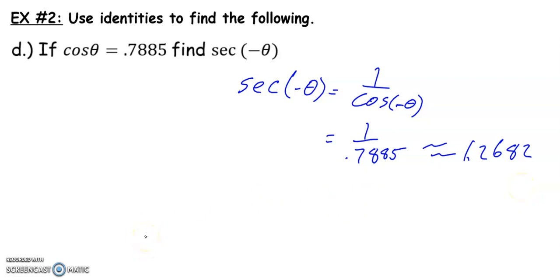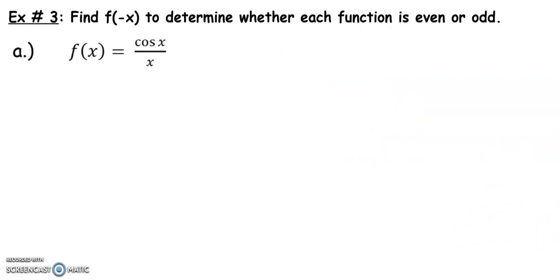All right, that's example 2, but I think we have enough time because I only get about 15 minutes on these videos. Let's try number 3. Let's find f of negative x and determine whether each function is even or odd. What this means is every x becomes a negative x. So we're actually going to find the function of my negative x value.